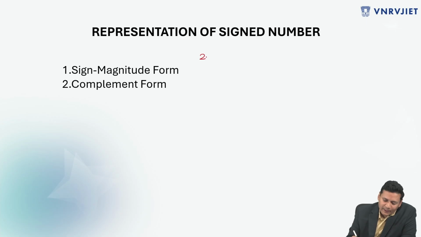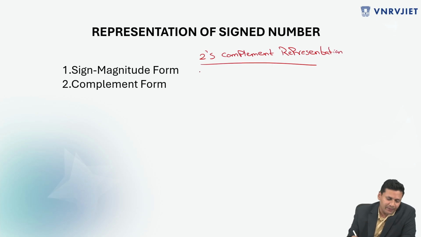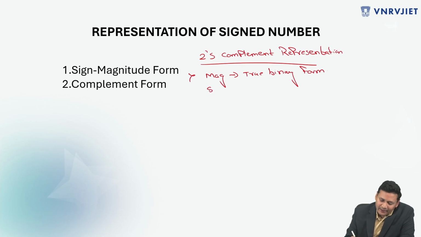Next one is the two's complement representation of a signed number. Here also the representation of a positive number will be the same: the magnitude will be represented in its true binary form, and a sign bit.